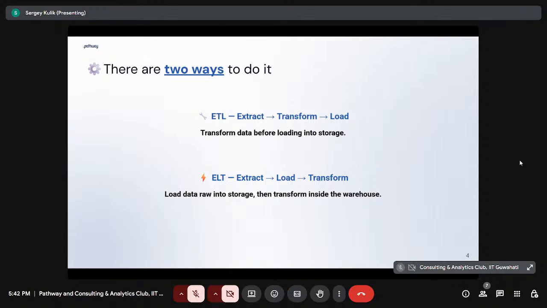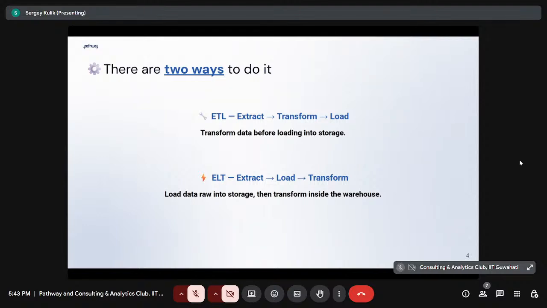And in general, there are two. The first, as from the title, is ETL, which stands for extract, transform, load, which means that we do some kind of job that does three things. It first reads the data from, let's say, a production database. For example, Postgres is often used in the backend, so it reads data from Postgres.